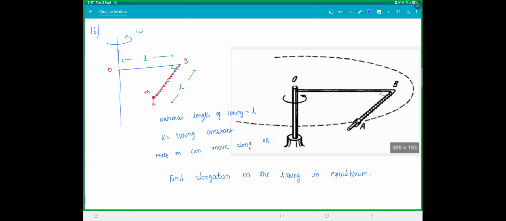Again, let me ask you, how will the centrifugal force be? The centrifugal force will be along the line O to A, isn't it? Siddesh, that is right. We have one answer. Try. I'll give you another 30-40 seconds. Others should try, everyone.